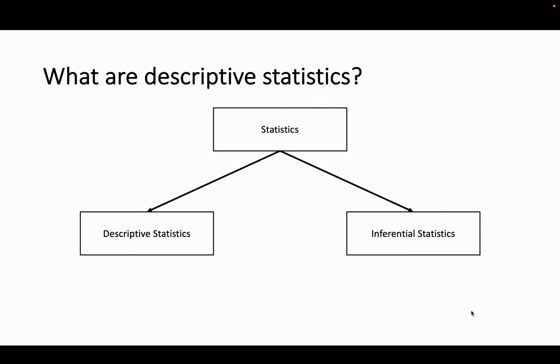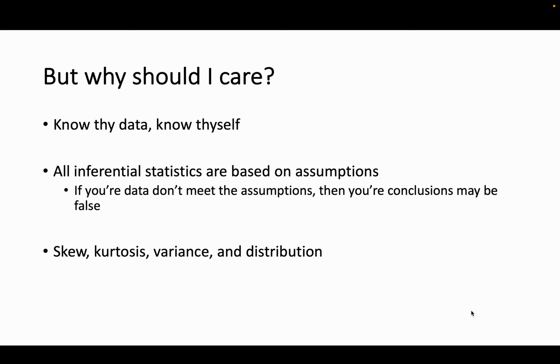However, while we know that descriptive statistics may not be the most interesting thing to look at, they are necessary in order for us to make inferences about our data. So when we do any sort of biostatistics, we're really interested in trying to understand differences between groups, or how one variable may be related to another variable, but that requires that we understand what our data look like first before we can actually make any decisions about what we should be looking at.